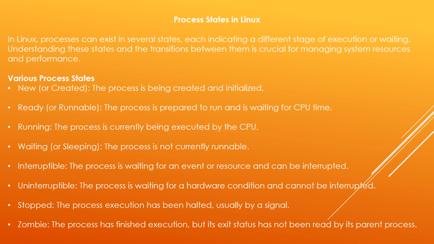Interruptible: the process is waiting for an event or resource and can be interrupted. Uninterruptible: the process is waiting for a hardware condition and cannot be interrupted. Stopped: the process execution has been halted, usually by a signal. Zombie: the process has finished execution, but its exit status has not been read by its parent process.